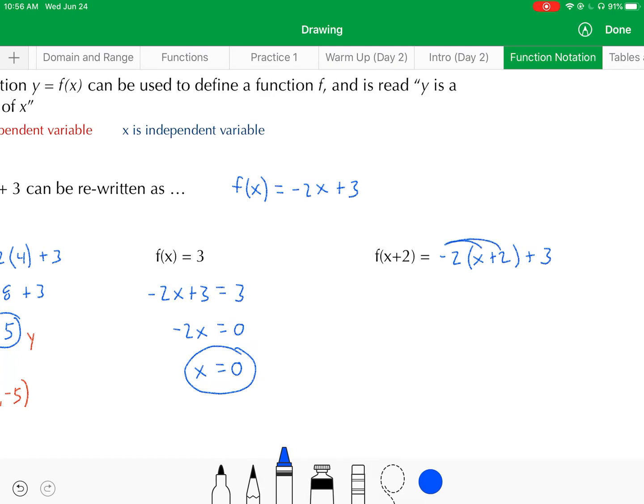So I'll distribute here, negative 2x minus 4 plus 3, combine the constants, and here is my final result. Notice typically when I evaluate with a variable expression, my result is a variable expression.